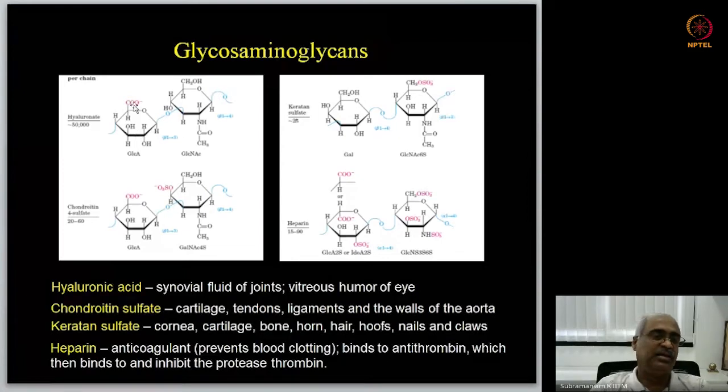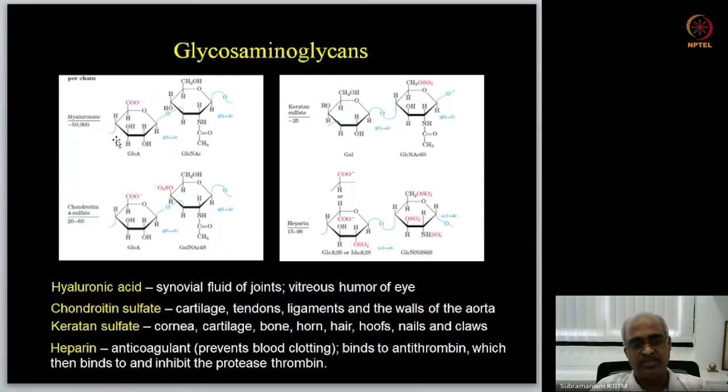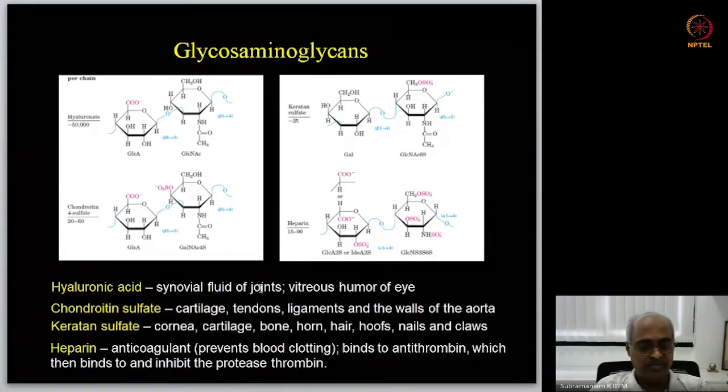So given all the hydroxyl groups and carboxyl group, this is highly polar and provides multiple points for interactions. Due to the long chain nature, as well as the charged and polar groups, they form good lubricants in the synovial fluid of the joints.